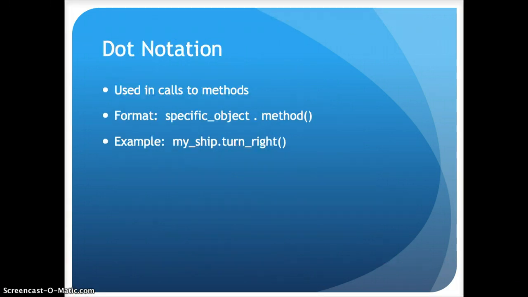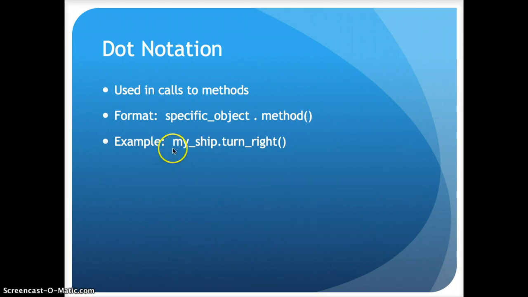This business is called dot notation. I even looked it up in Wikipedia. It's a new term I learned last week. Dot notation is used in calls to methods. The format of dot notation is you list the specific object, then a dot, then the name of the method with parenthesis, and any other arguments that are required, of course, go in the parenthesis.